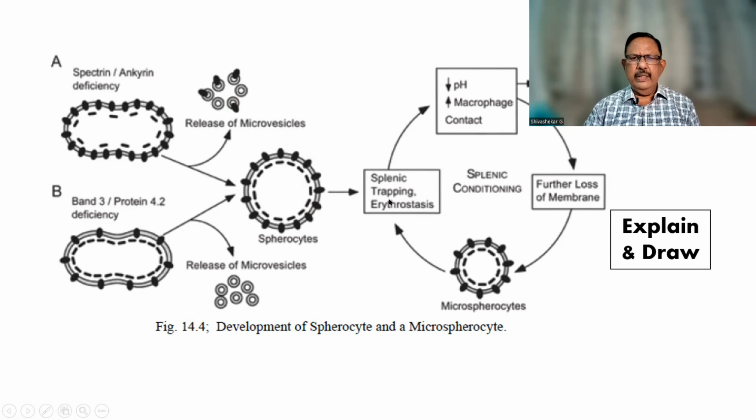It gets trapped in the splenic sinusoids. And splenic sinusoids means it will be eaten up by the phagocytic cells or the histiocytes. And this also leads to lower pH, increased macrophage contact. Finally, there is hemolysis. Initially, it is only part of the membrane. Ultimately, there is a total lysis. I would like you people to explain and draw this.